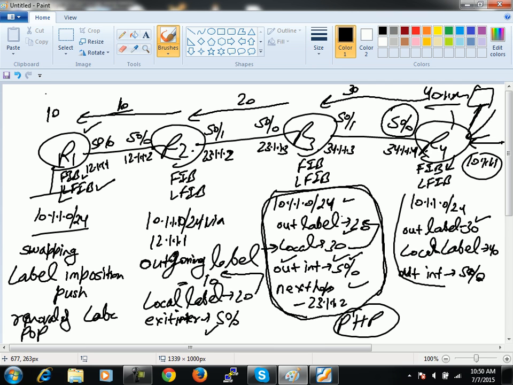Have you understood it or not? Again, I'm repeating: FEC is a group of packets which are forwarded over the same path in the same manner.